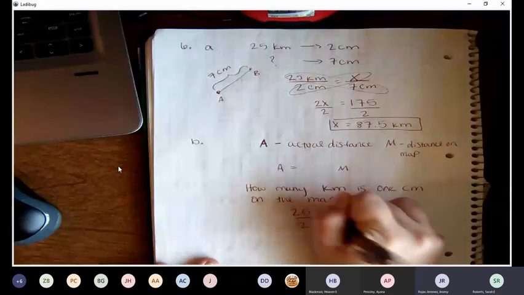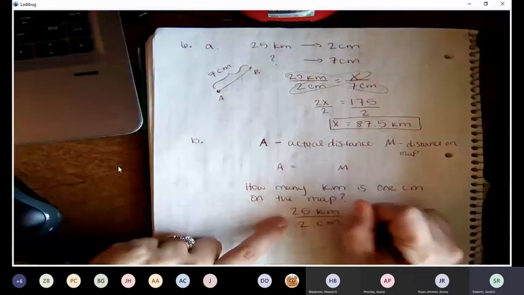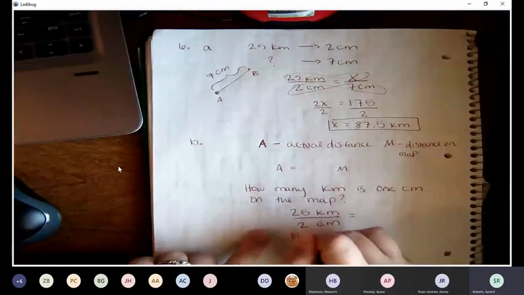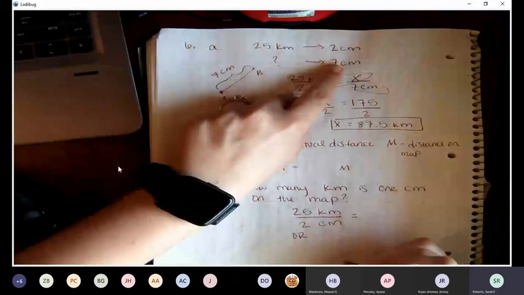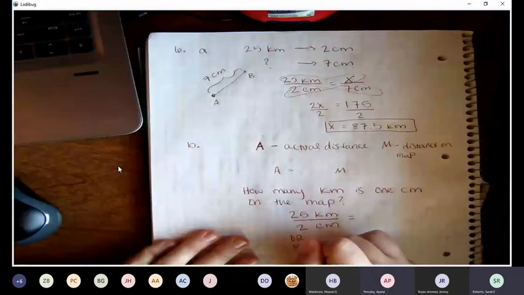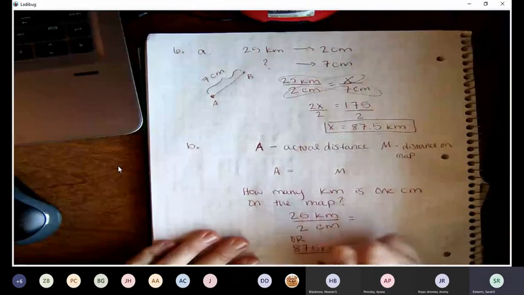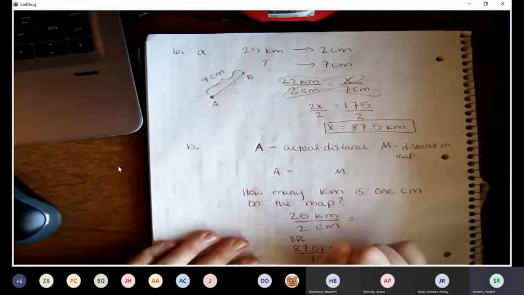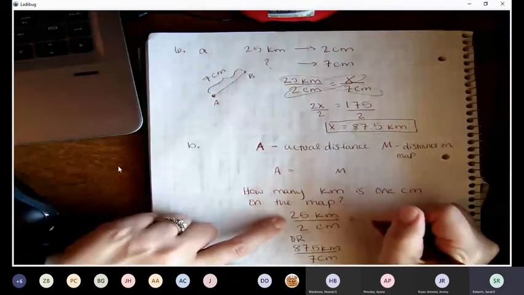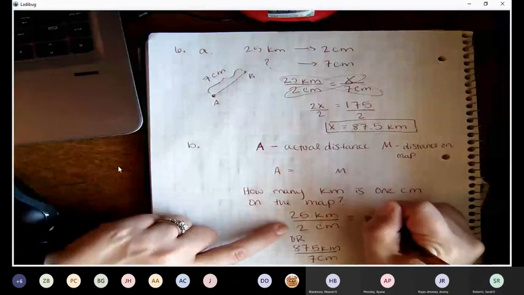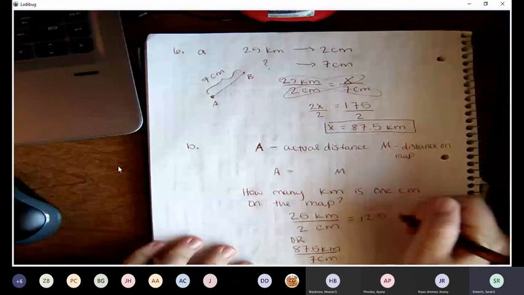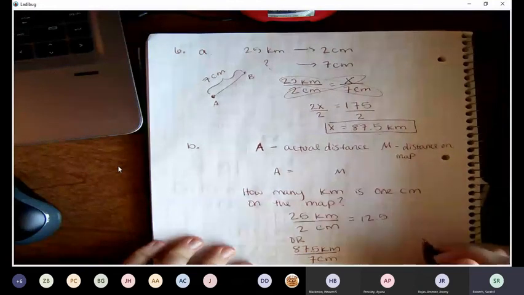So you can either do this or you can use the other proportion too. You could do 87.5 kilometers over 7 centimeters, and you should get the same thing. So what did you guys say you got? 12.5. Perfect. So 12.5 is going to be our conversion factor.